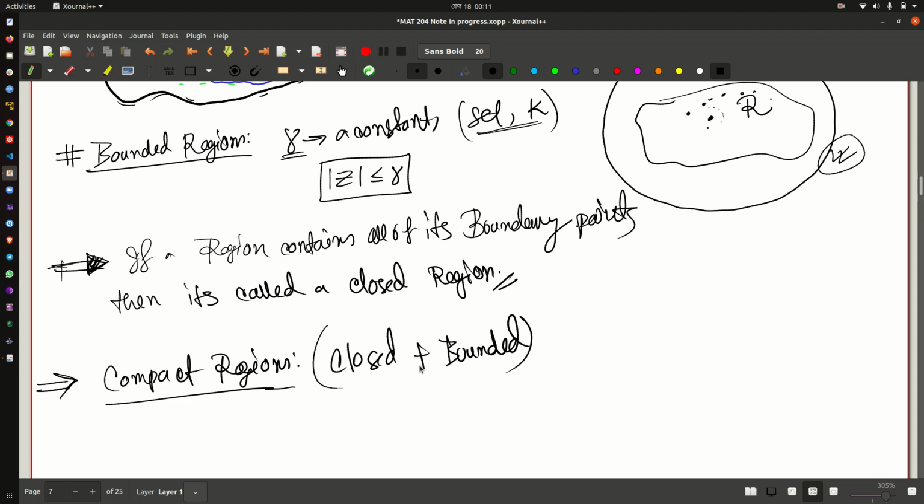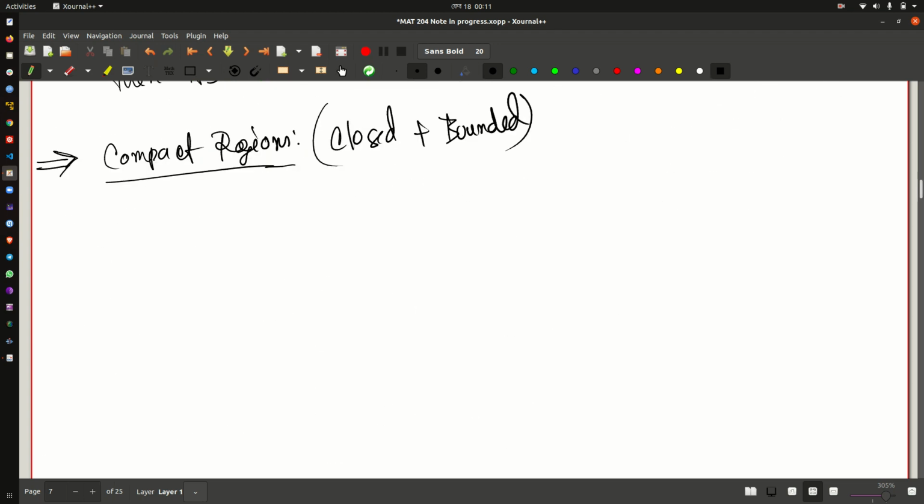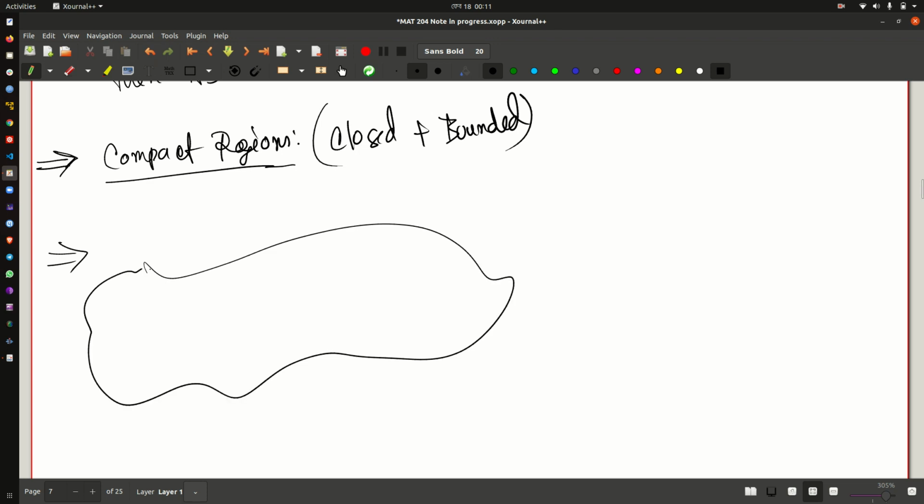Now we are almost done with our definitions, so let's define one or two more things. Let's say you define a region like this in the complex plane, and you take some points, say z1 and z2, and you want to see whether you can connect these two points by some broken lines.